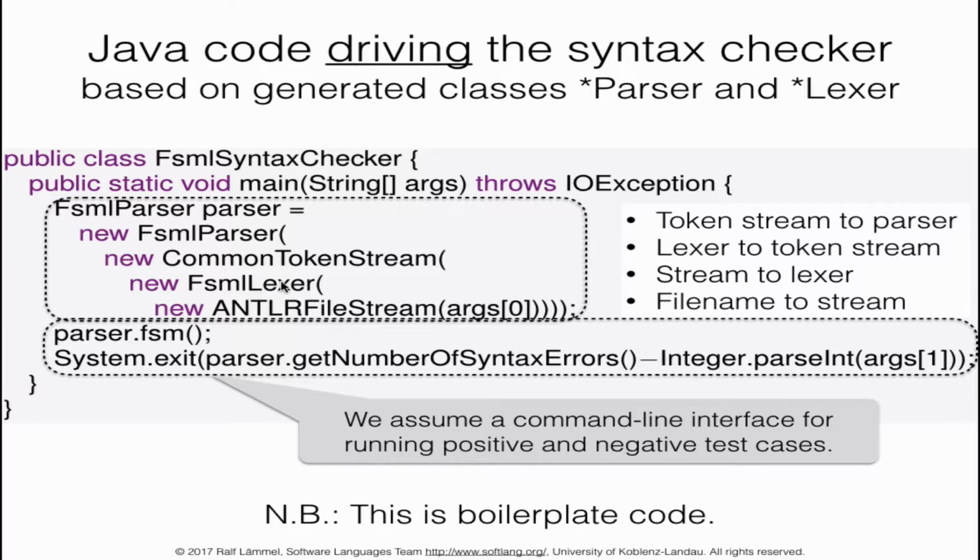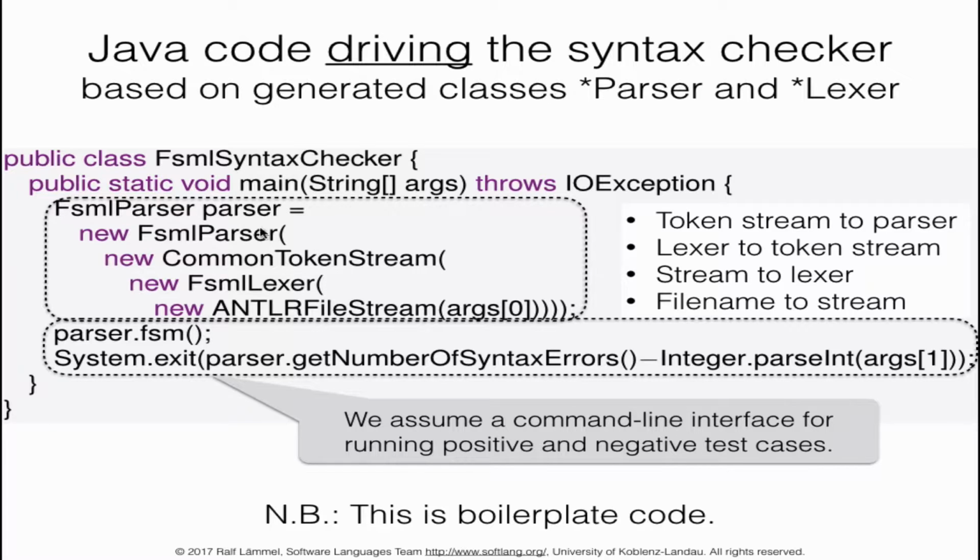And in fact, we wrap this lexer object in a common token stream object so that we get access to the stream of tokens. And that stream is passed further to the constructed FSML parser object, which is the actual parser that will check the syntax and maybe also on the fly construct a parse tree, a concrete syntax tree.